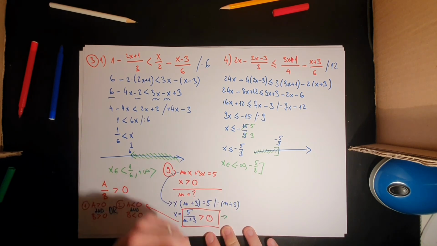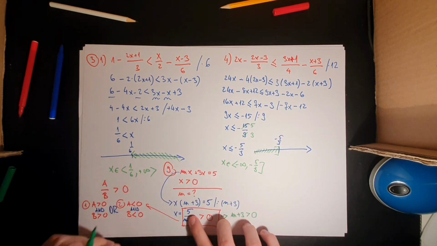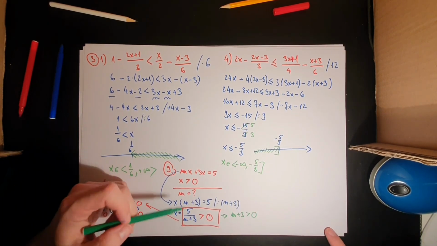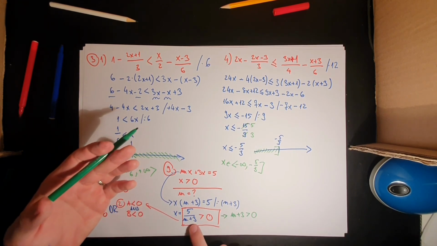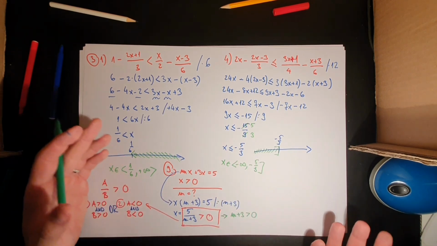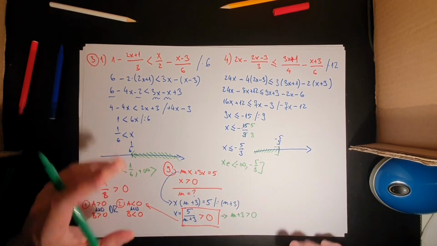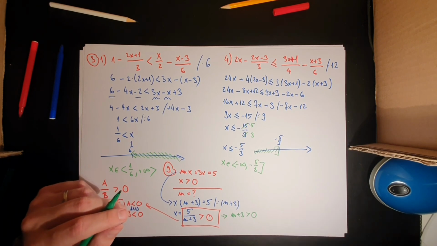So in our case, m plus 3 has to be greater than 0. Basically, we lost the 5 in a way. I didn't multiply by m plus 3, and I'm going to talk next lesson about why we cannot do it like that, and the issues if you try. And we can now solve this till the end.